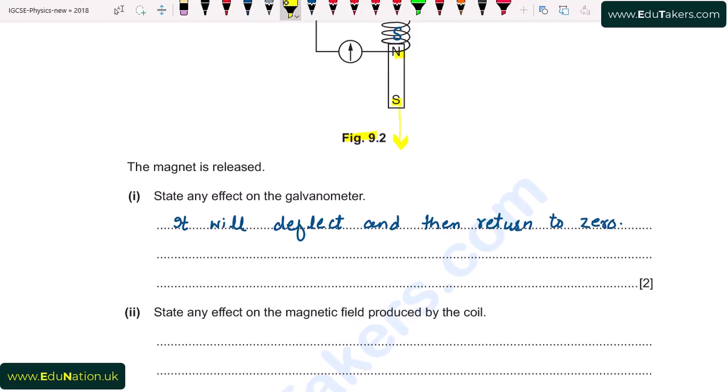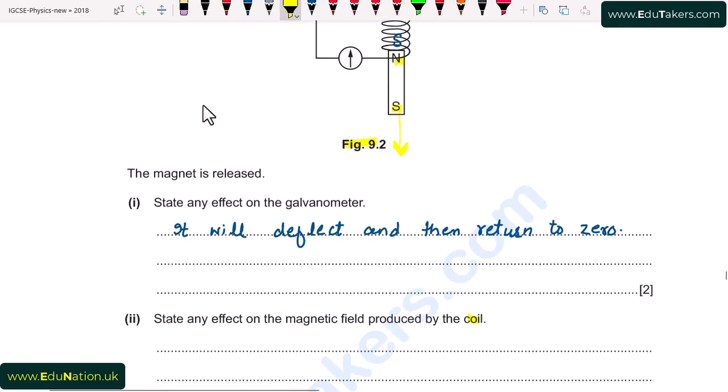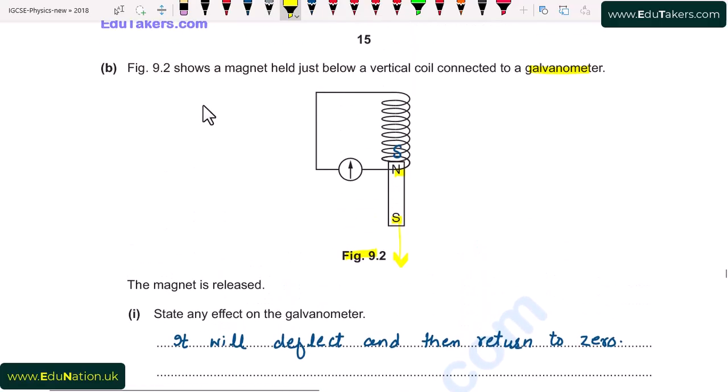Part 2. State any effect on the magnetic field produced by the coil. So when this magnet is moving in a downward direction, it has two poles, one is north and the second one is south. This pole is north. It means that the magnet is moving away from the coil.